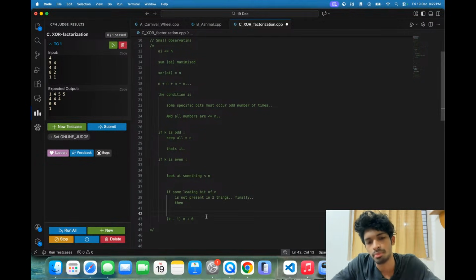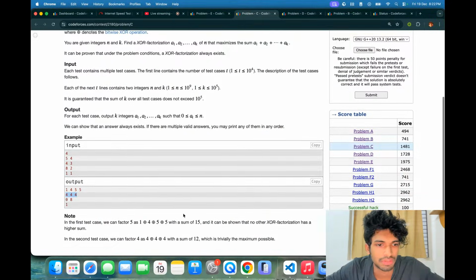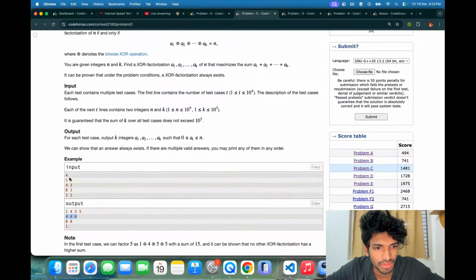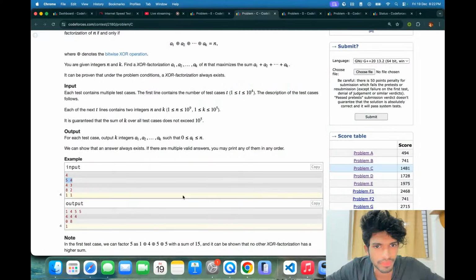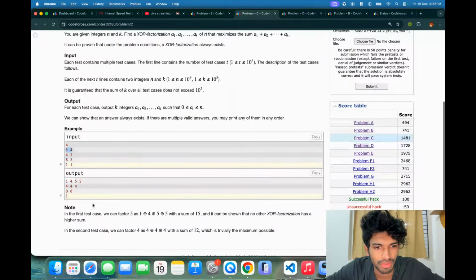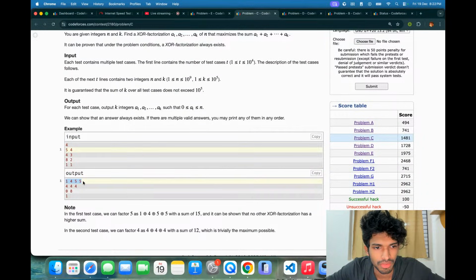This is one minimum answer we can get. Okay, but I don't think that's the answer. I think that can be the answer. Maybe that is the answer.